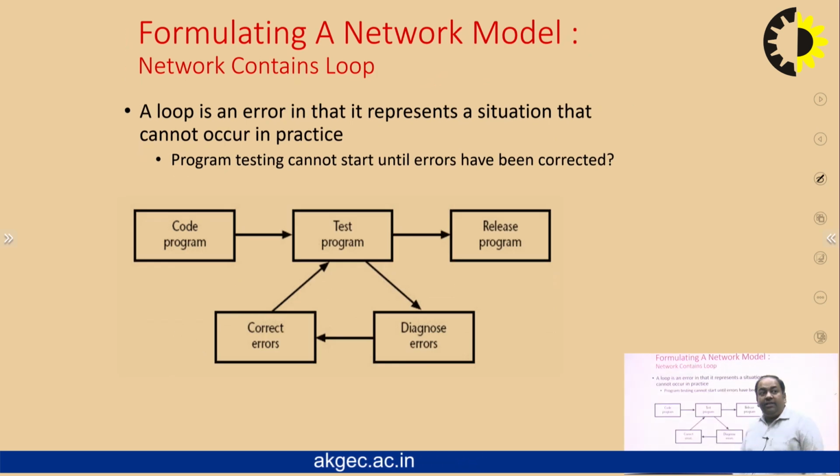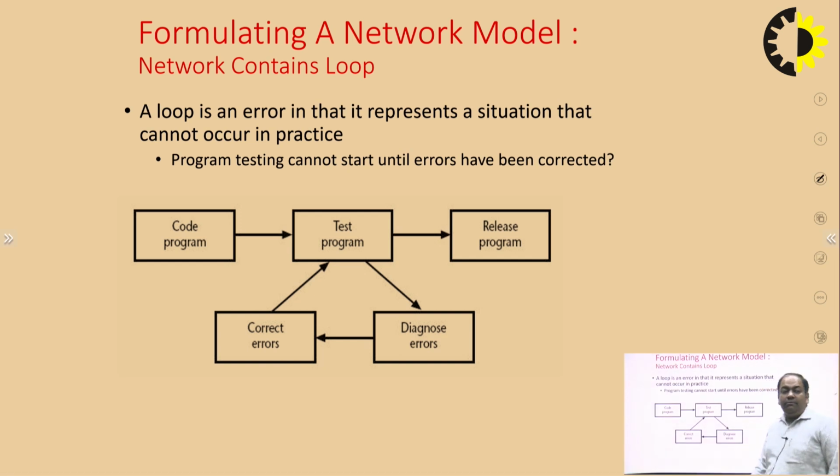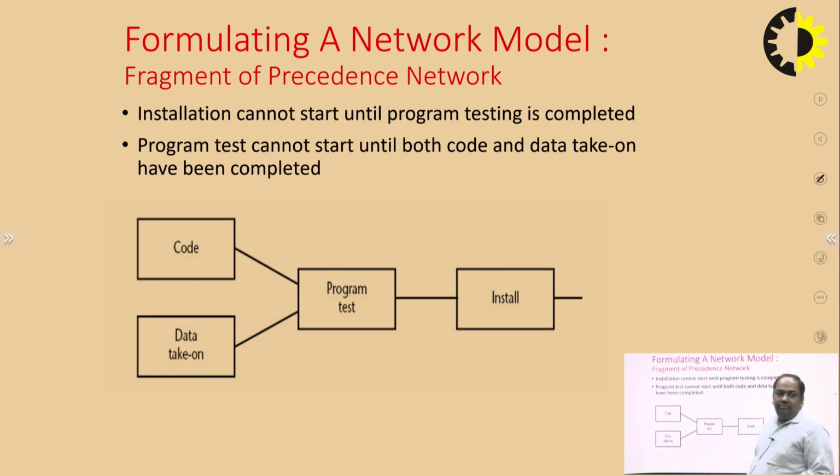Then what if it contains a loop? If a network contains a loop, it represents an error. A loop is an error in that it represents a situation that cannot occur in practice. And our motive is to remove this loop. Program testing cannot start until errors have been corrected. So we have to remove this loop. What we'll do? First we code, like I have shown earlier.